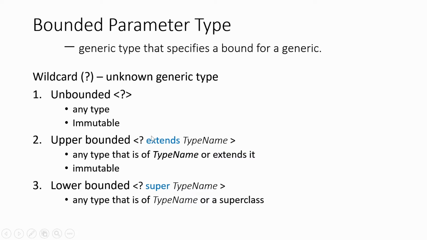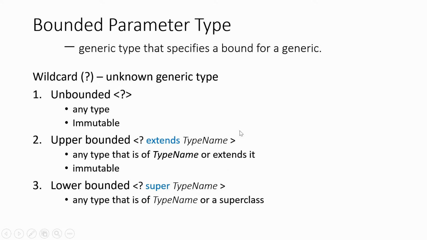In the upper bounded, we can assign any type that is of type name or extends it. For instance, we have a class here Parent and the subclass is Child. So the types Parent and Child we both can assign to the left hand side. Lower bound, any type that is of type name or a superclass. For instance, if we have the type name Child, we can assign Child, Parent and the Object class to the left hand side.